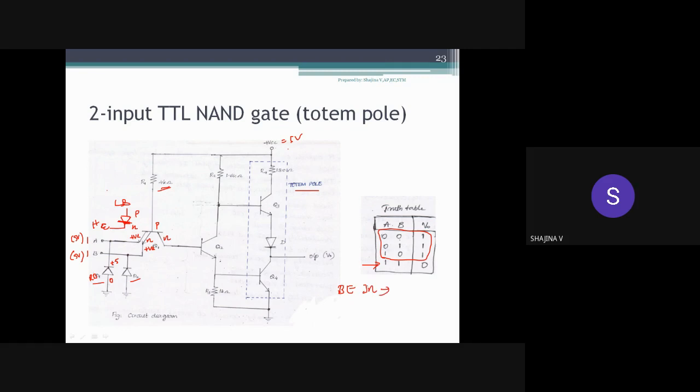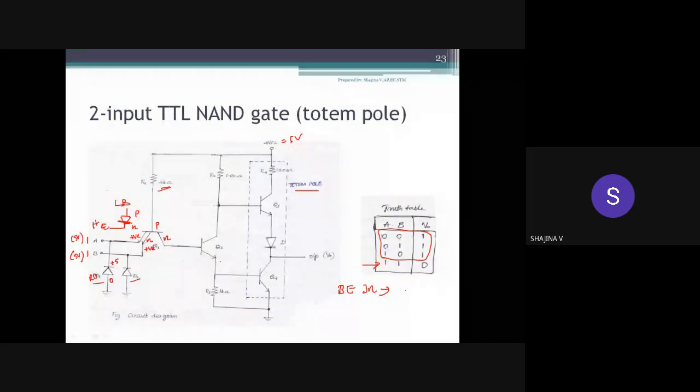Forward or reverse? What will be the biasing condition of this base emitter junction if you are applying a high value to the emitter junction and low value to base junction? See, don't look at it as a transistor. As I said, consider an emitter base junction, that is emitter is of n type, that is this is NPN transistor.